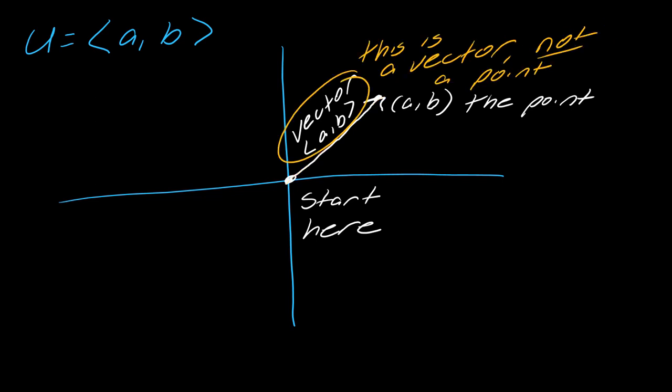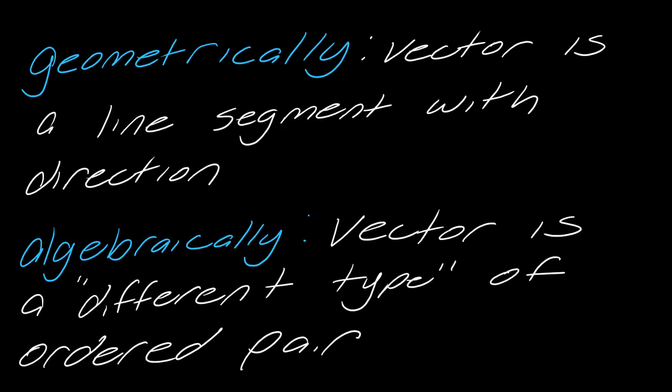And the other thing I want to point out, so this is the vector. With these brackets, this indicates that we're talking about a vector and not a point, though we use the point to come up with the vector. Okay, so some clarifications. Geometrically, which is what I talked about in the other video, we think of a vector as just a line segment with direction. And algebraically, we think of a vector as a different type of ordered pair.